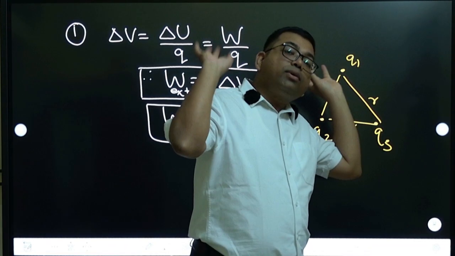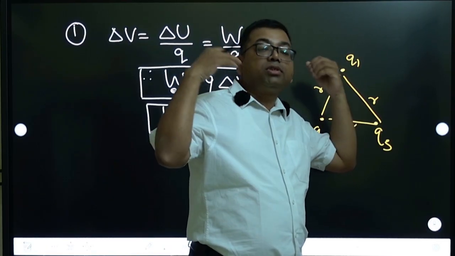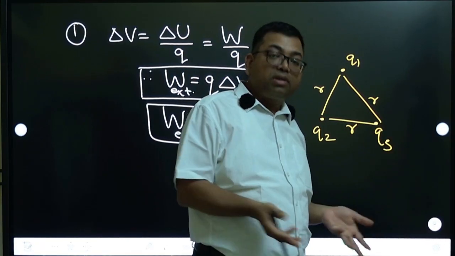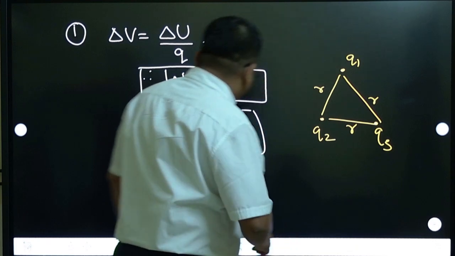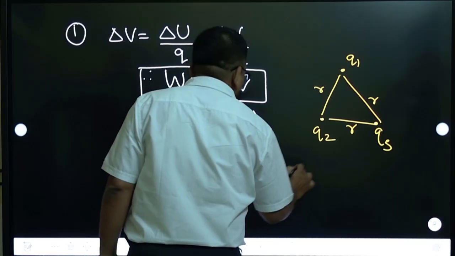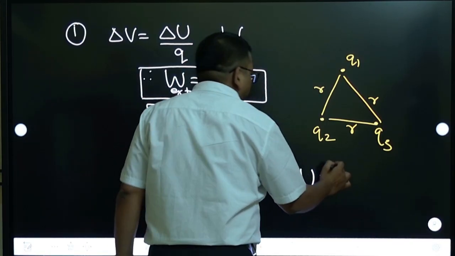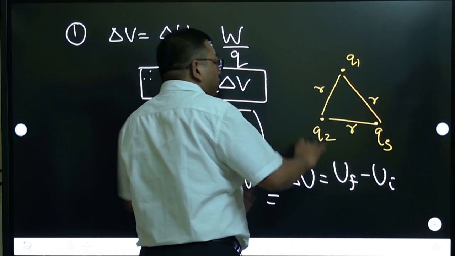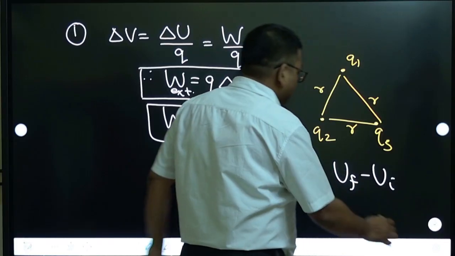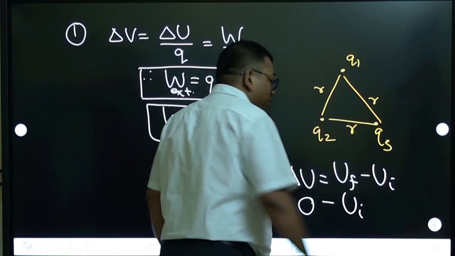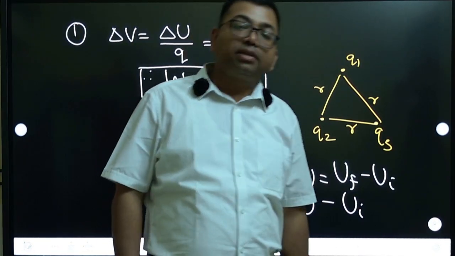When they go to infinity, the potential energy of the system will become zero, because infinite distance means they will not interact. So if they ask work done, it means final potential energy minus initial potential energy. Here, if you have to separate them to infinity, final potential energy will be zero. That means you have to calculate minus of initial potential energy.